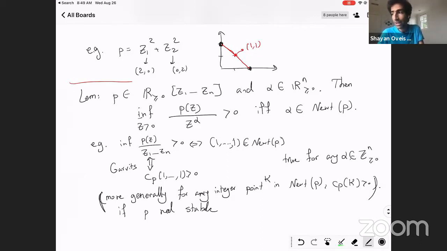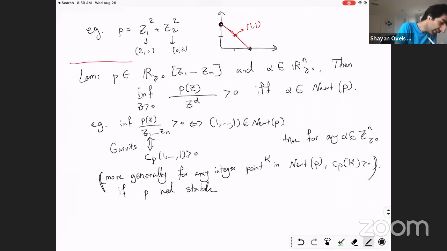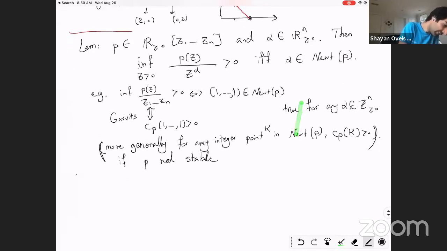Basically, the Newton polytope of this polynomial should exactly be the so-called matroid base polytope for a matroid M. And the reason that it must be a matroid follows from the same thing. If it is not coming from a matroid, you would get integer points in the Newton polytope without positive coefficients, and that's a contradiction. Okay, so that's what I wanted to say about applications of this lemma.